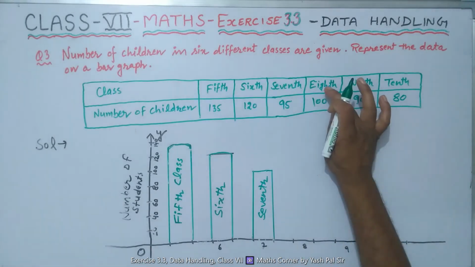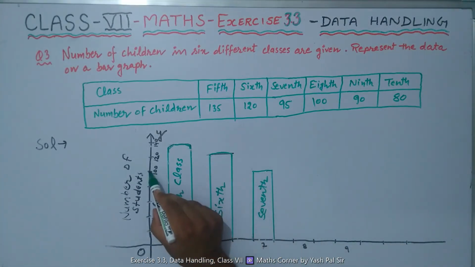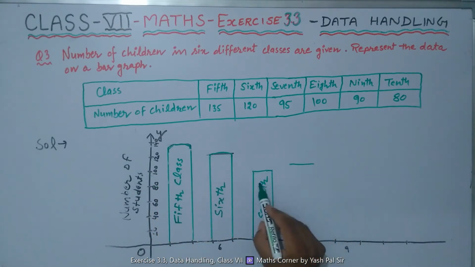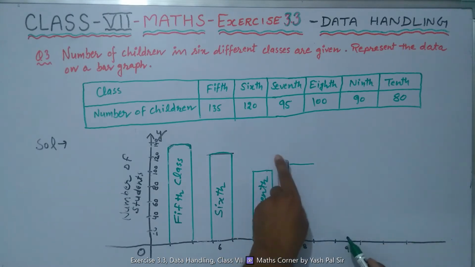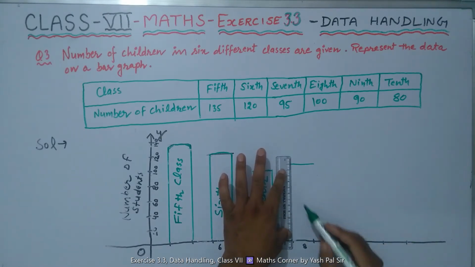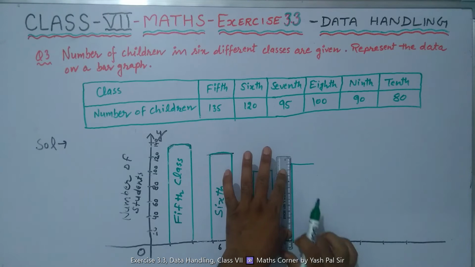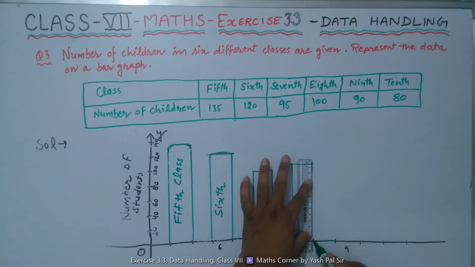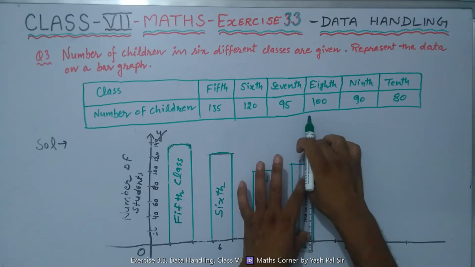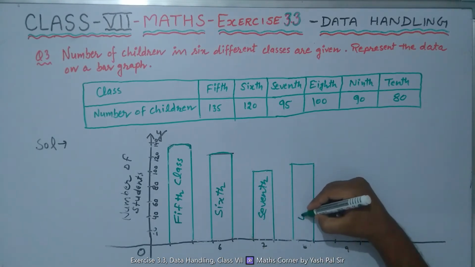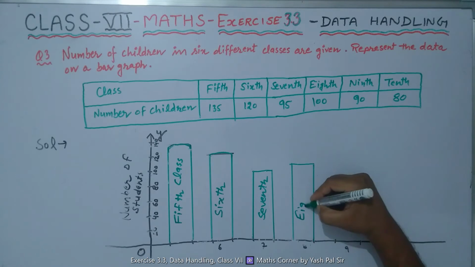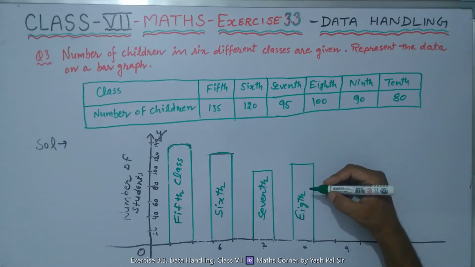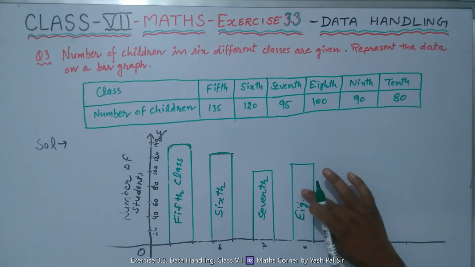Okay, next is 8th class. 8th class means 100. 100 is above 7th class. So we join here this line with, this is the bar for class 8.